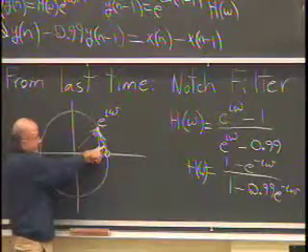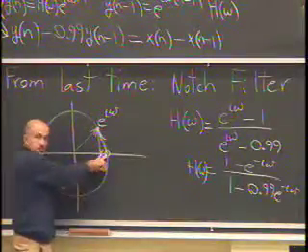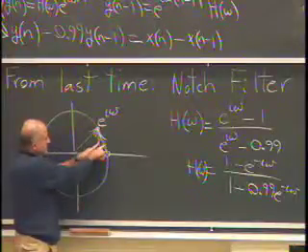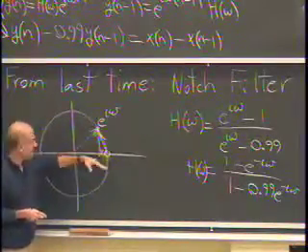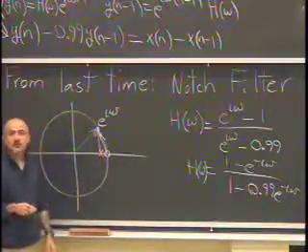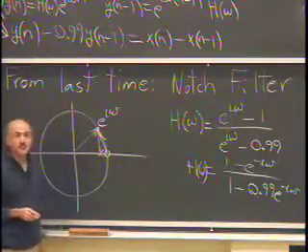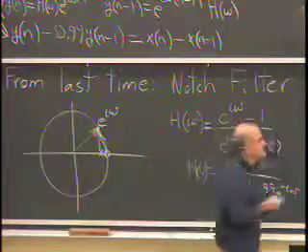Okay? Now, when these two are pretty close, what can you tell me about the ratio of those two vectors when I'm sufficiently far away from omega equals 0? They're approximately equal to 1.